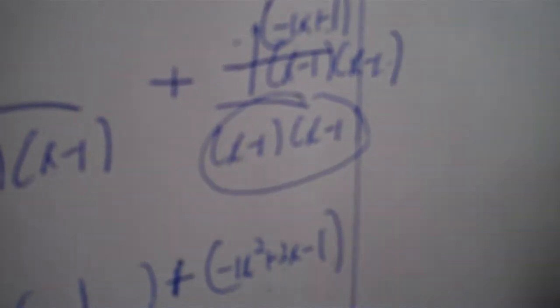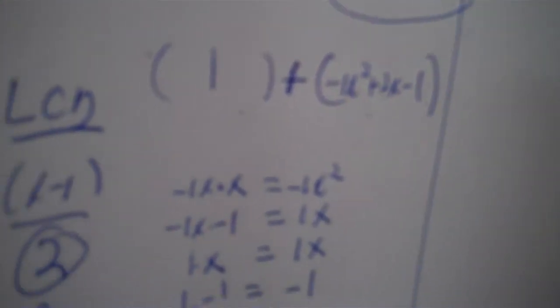Inside a square root, you take the inside greater than or equal to 0. If it's on the bottom of a fraction, you take the expression, and it's not equal to that number.